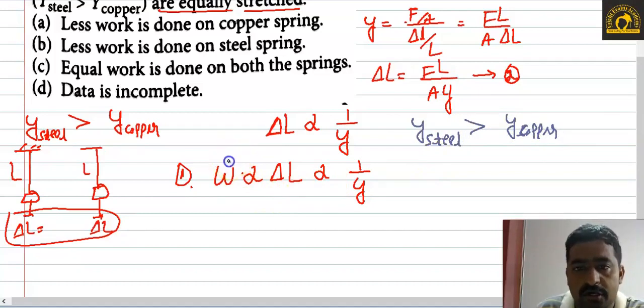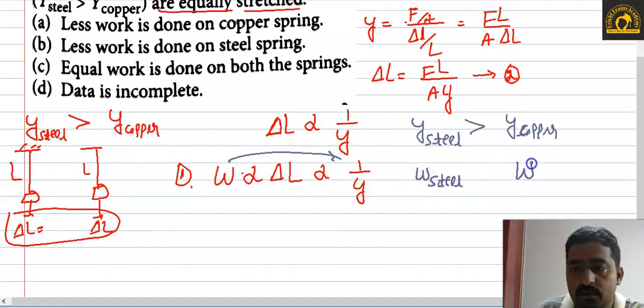Now work done and Young's modulus are inversely proportional. That is, the Young's modulus of steel is more, so the work done of the steel is less than the work done of the copper.